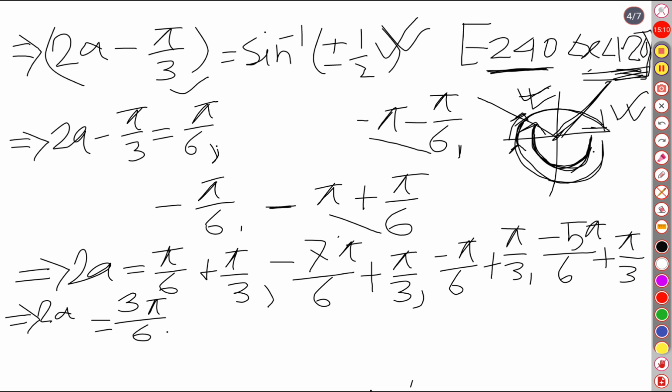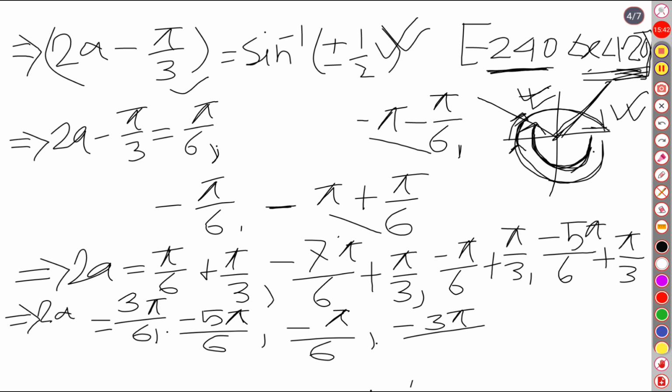Then the second one is going to be negative 7 positive 2, so negative 5 pi over 6. Then the third one is negative 1 positive 2, so it is actually negative pi over 6. After that, the fourth one is negative 5 positive 2, so negative 3 pi over 6.